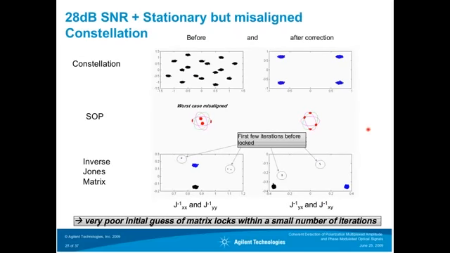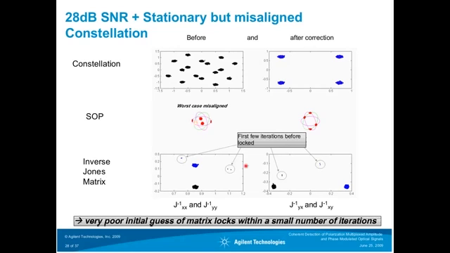Here we looked into how fast it's locking to a final estimation of the channel matrix. So we started with a stationary but misaligned constellation. The constellation splits up into 16 points before the correction, and after the correction it's again the well-known 4 states. The state of polarization is again 4, but it's not aligned. After the correction it's aligned.